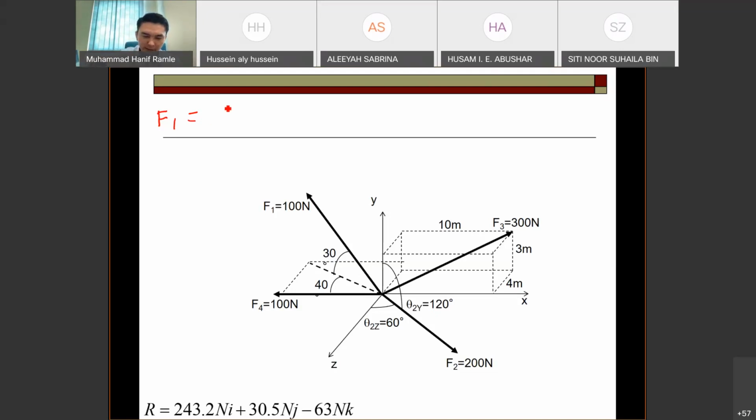So the answer is negative 66.34 I plus 50 J minus 55.67 K. Okay, so this is your answer for F1. Please check whether it is correct or not, whether it is the same or not.